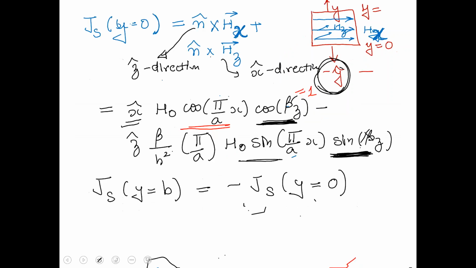And in that case, when cos beta z is 0, when this term is 0, sine beta z is equal to 1, it tells you that the current is only flowing in z direction, and the amplitude of the current is varying as a function of sine.